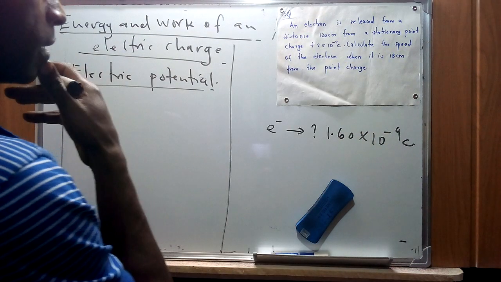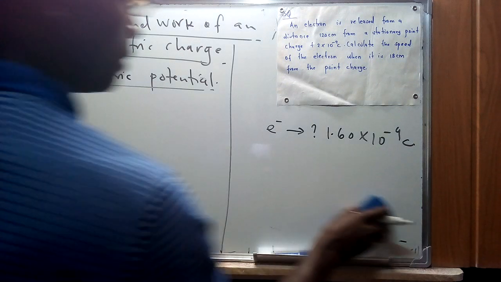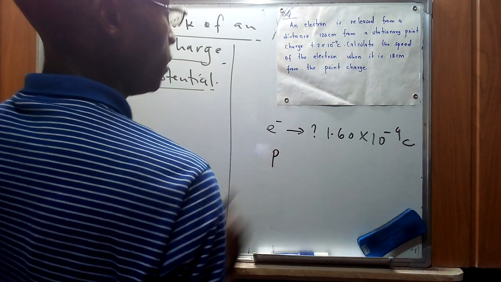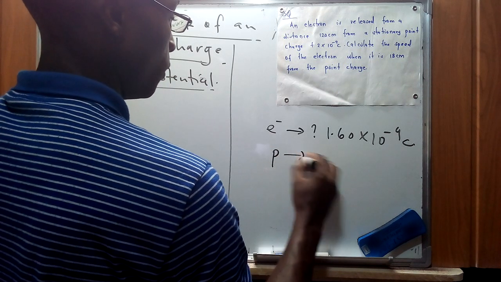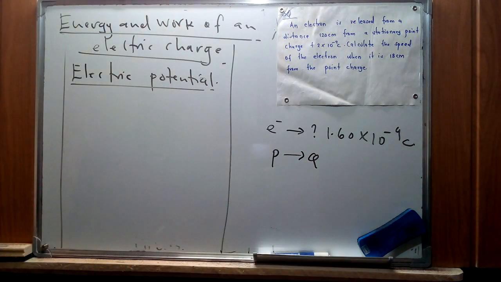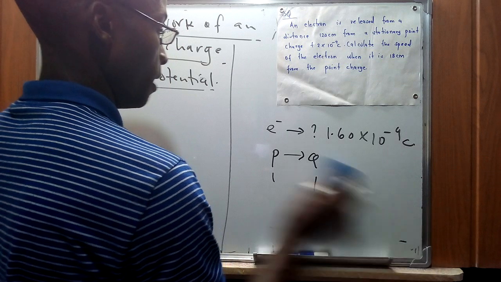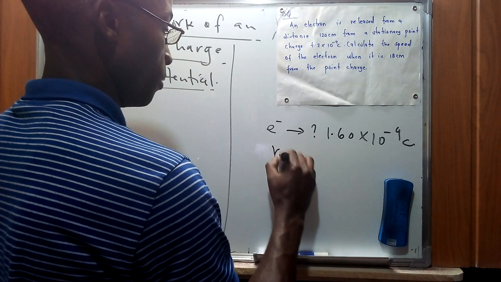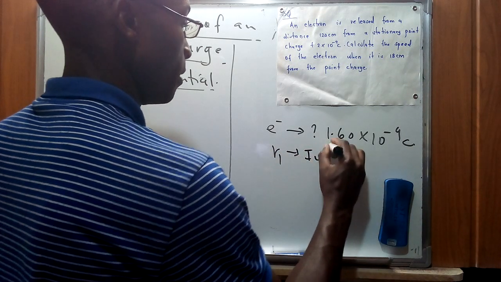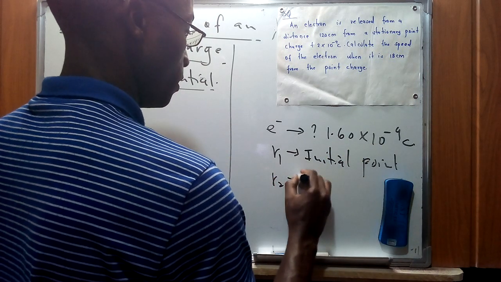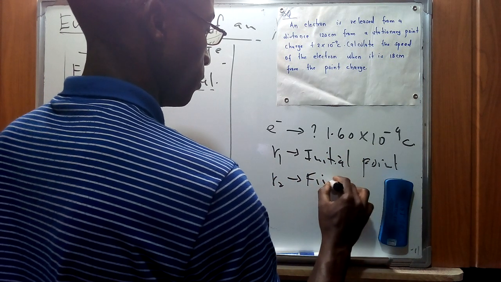It's also covering a distance from a stationary point, maybe we can give that point as a point P, and then to a final point Q, and of course there's a distance that is covered between them. Perhaps I can give it as an initial point R1 and the final point R2.